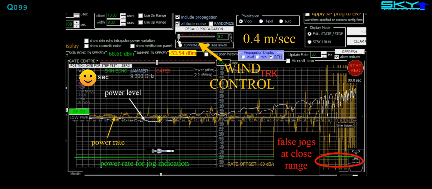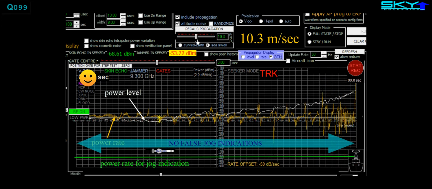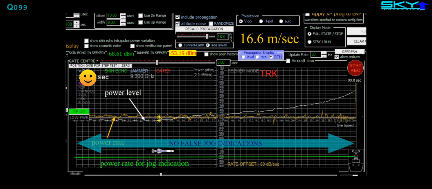If the sea surface is not flat and is rough because of sea surface waves, then the simple jog detector is likely to produce reliable jog indications through most or all of the engagement.